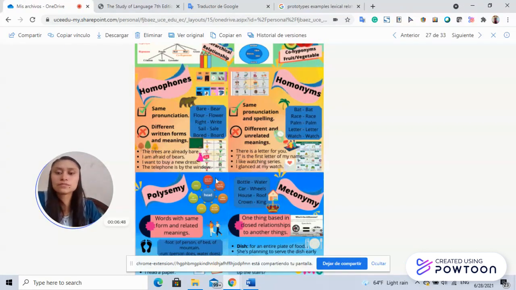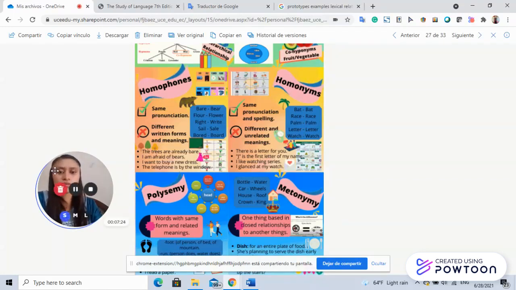Another example could be the word head, that could be a part of the body, a boss of a company, maybe the top of a glass of beer, and many other meanings, because polysemy means many meanings, all of them related. Or we can also say I need some paper, I wrote a paper, or I read a paper. We have the same words but with different meanings in a different context.